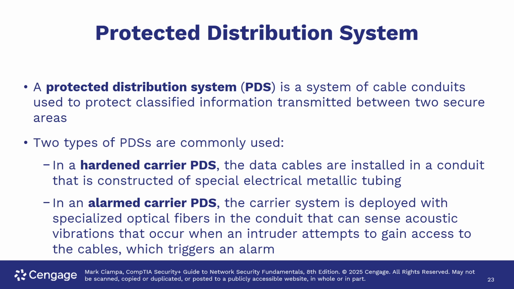In a hardened carrier, the data cables are installed in a conduit that's constructed of special electronic metallic tubing. An alarmed carrier is deployed with specialized optic fibers in the conduit that can sense acoustic vibrations that occur when an intruder attempts to gain access to the cables, which then triggers the alarm.